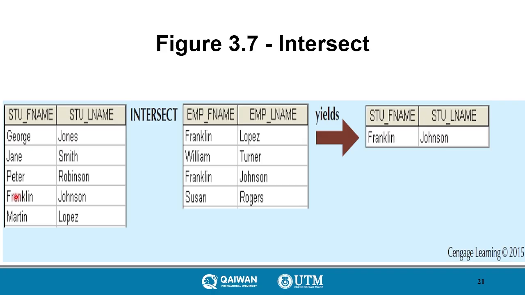You can see that we have Franklin Johnson in both, so it will return that one for us. It intersects these two and returns the row they have in common, which exists in both the employee name and the staff name.